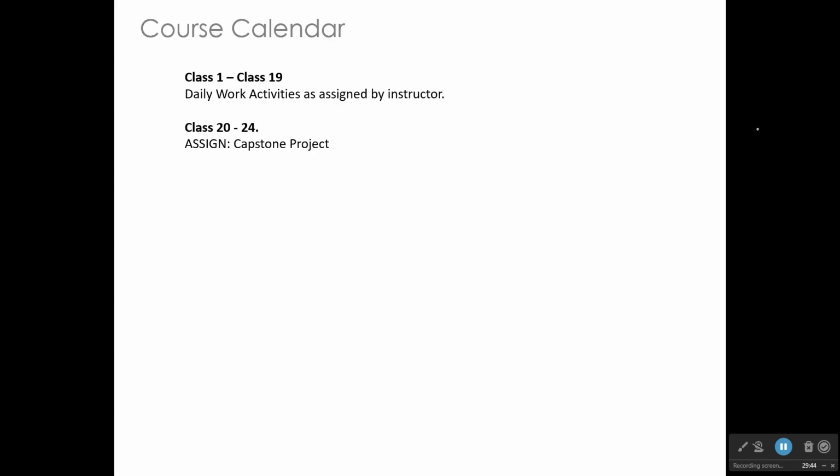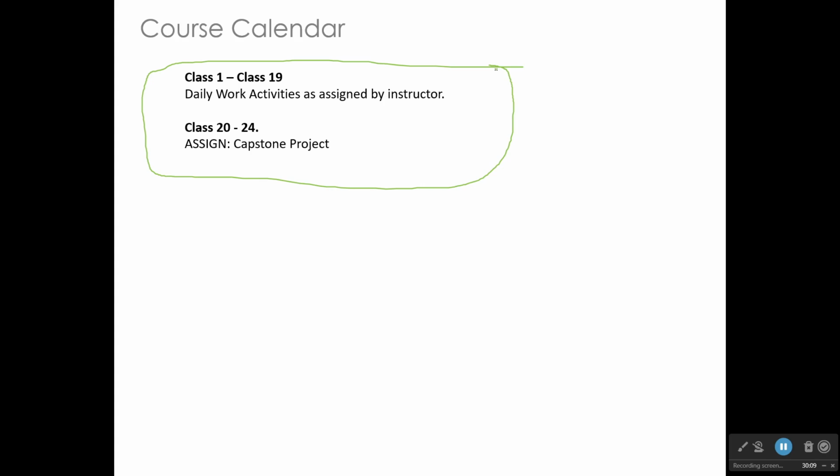For the course calendar for this class, we have 24 classes, and I don't know if we have any holidays in there. I don't think we do, because the last day of the semester is November 15th. So we will end before Thanksgiving, which is one of our holidays usually. I guess we might take off for Labor Day.